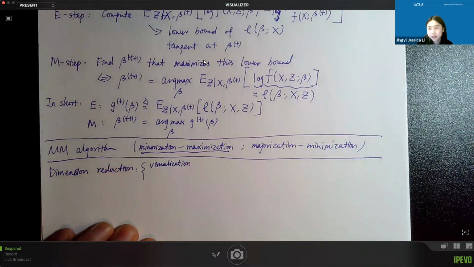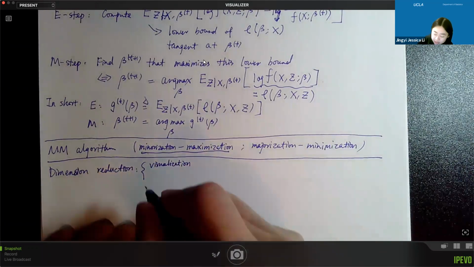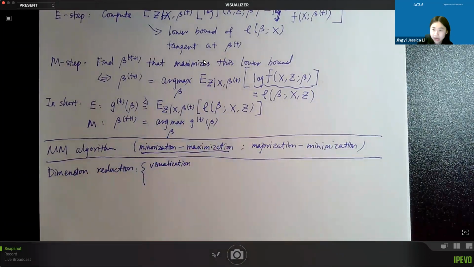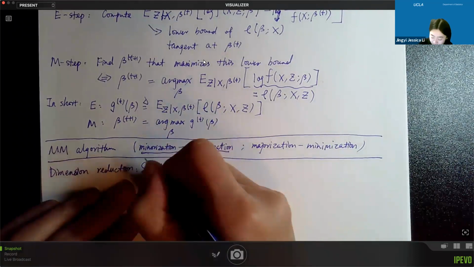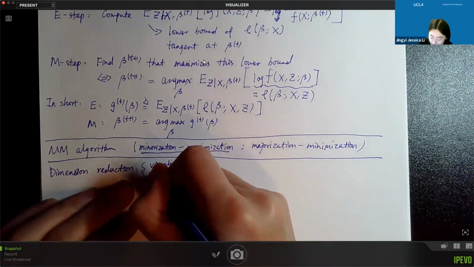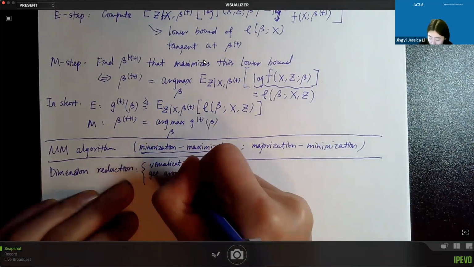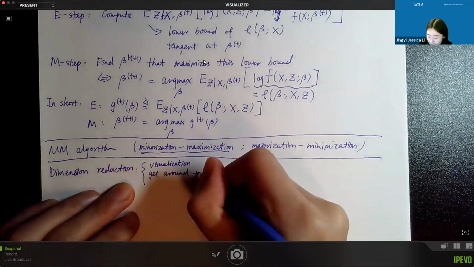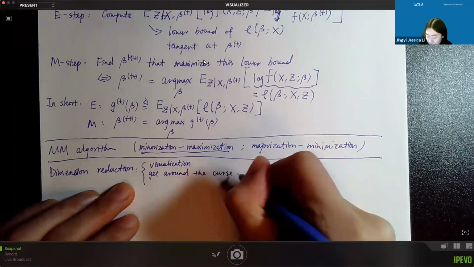The other is to combine or reduce the number of dimensions for downstream analysis, or to get around the curse of dimensionality.